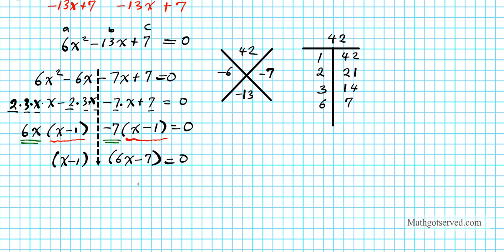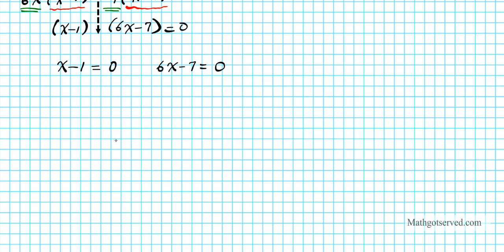Now what I'm going to do is set each factor to 0 using the process called the zero product property to finish this problem off. So x minus 1 equals 0, and 6x minus 7 equals 0. For the first one, add 1 to both sides. You have x equals 1. In this one, you add 7, and then you have 6x equals 7.